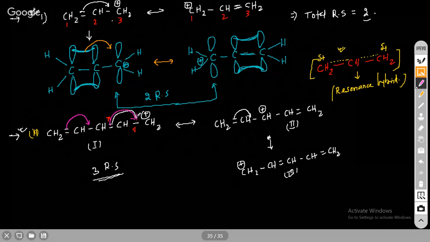That is obviously true because otherwise this carbon will have five bonds, right? So this pi bond goes here, this pi bond goes here. So here we'll have a double bond, here a double bond, and here the positive charge, which is nothing but this structure. So with this also, you'll get this only. Anyone you can take. Understood?